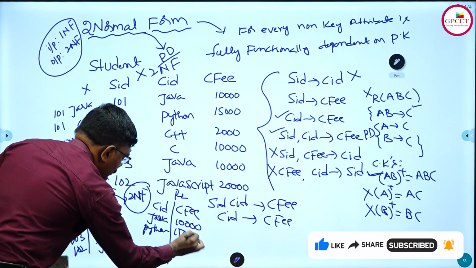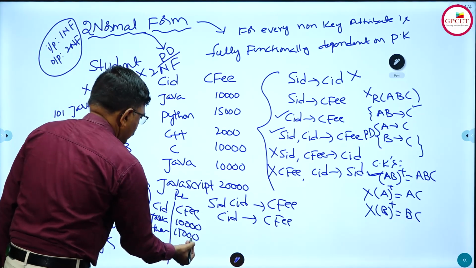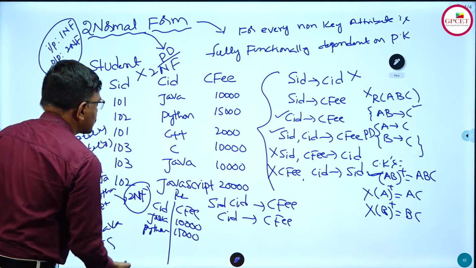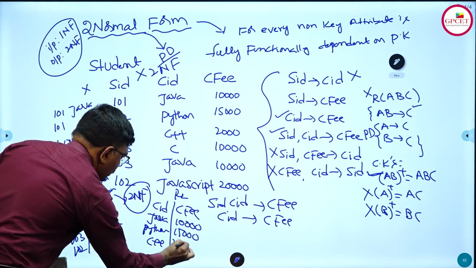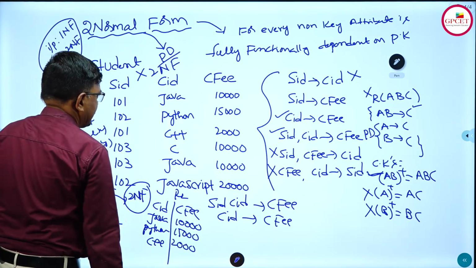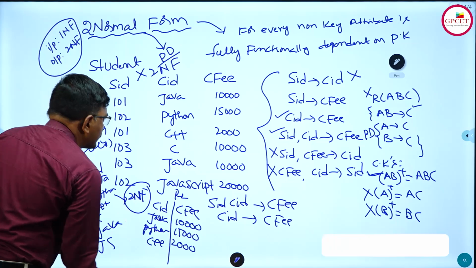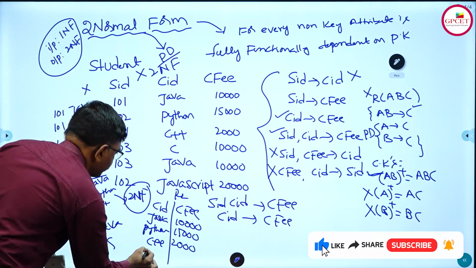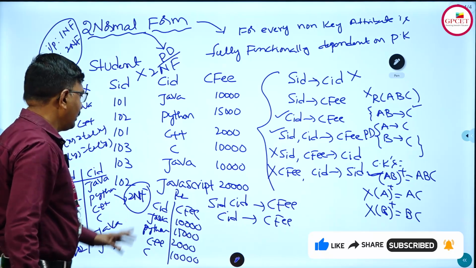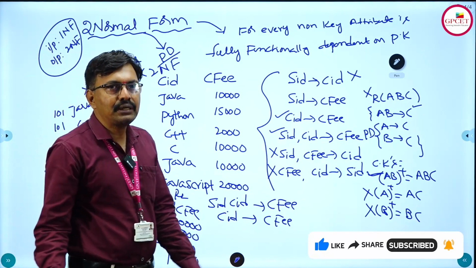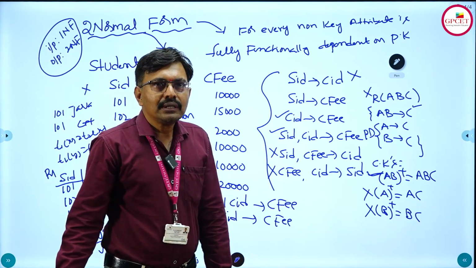Next C++ 2000. And then next C 10,000. Observe here, after decomposition, relations R1 and R2 are in second normal form.